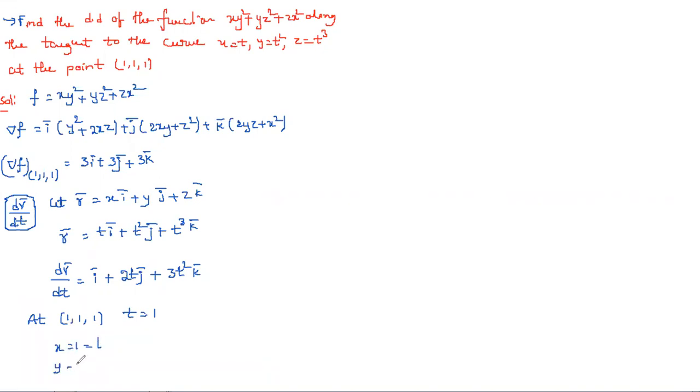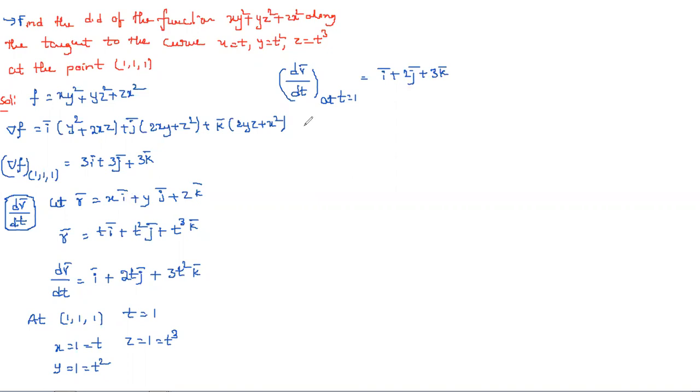And y is equal to 1, so this is nothing but t squared. And z is equal to 1, so z is nothing but t cubed, so obviously t is equal to 1. Now you substitute dr bar by dt at t is equal to 1. If you substitute in that, what we'll get is i plus 2j plus 3k.